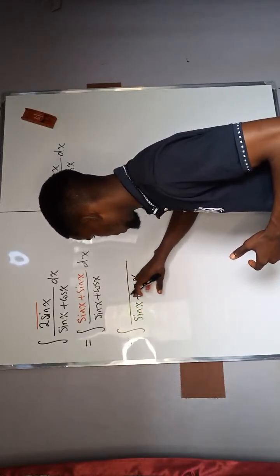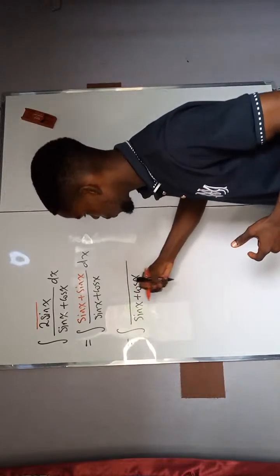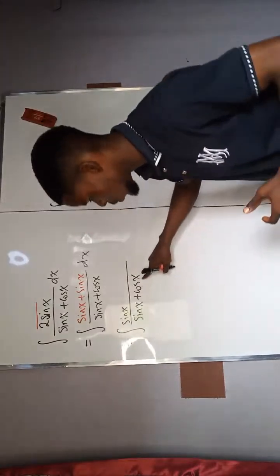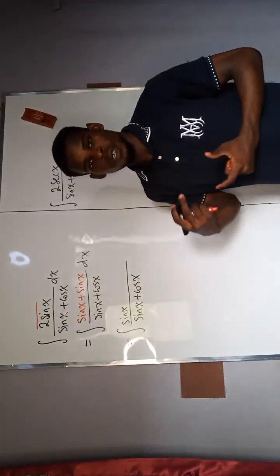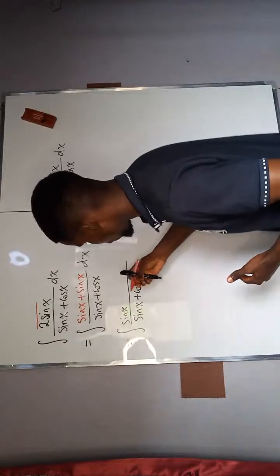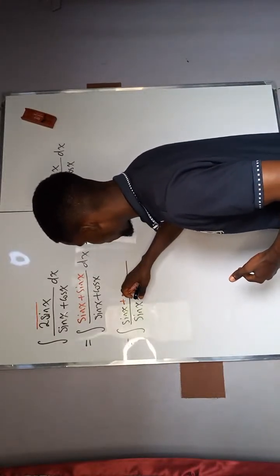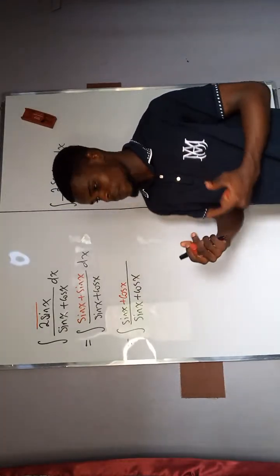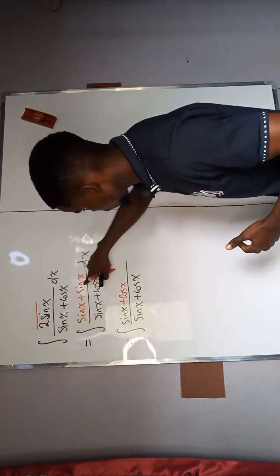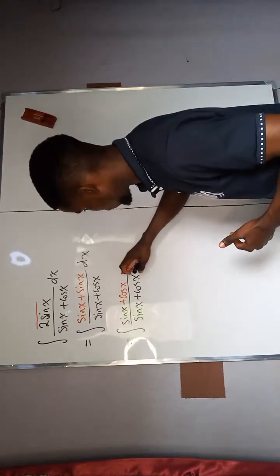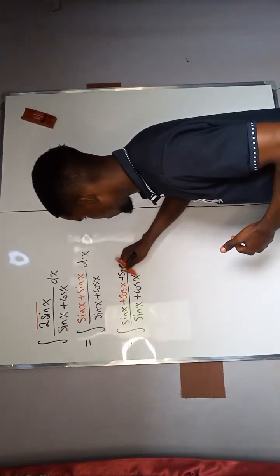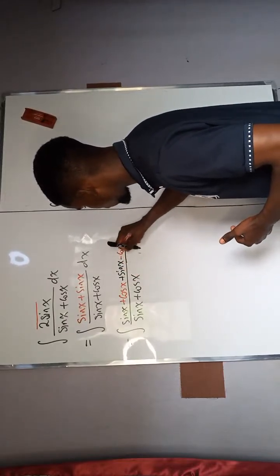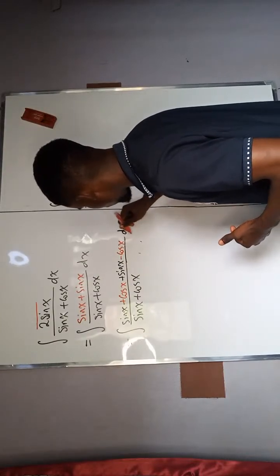In the numerator, we have this original sine x, but we want to get a cosine of x so that the numerator and denominator are the same at some point. So we're going to add cosine of x to the numerator, but we are going to subtract it because we just added something. So the numerator is sine x plus cosine of x, minus the cosine of x. Then you put the dx over here.